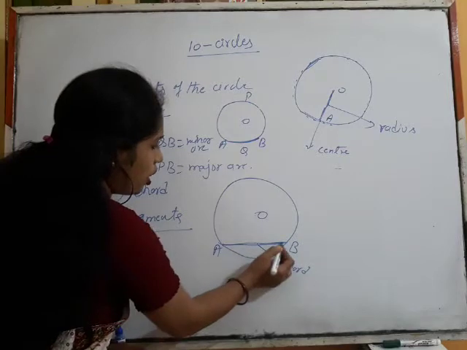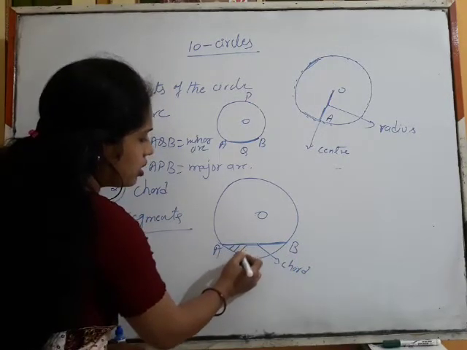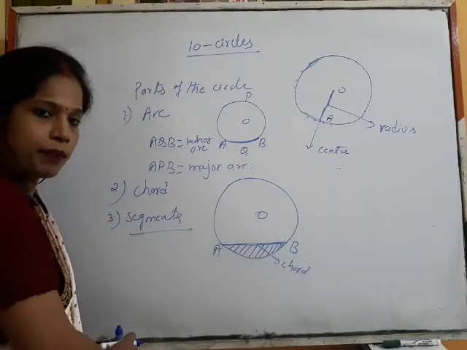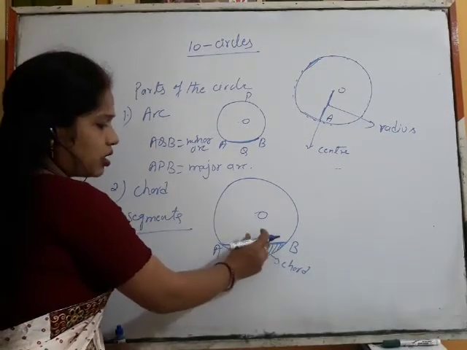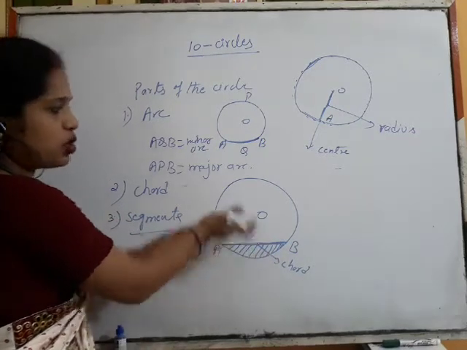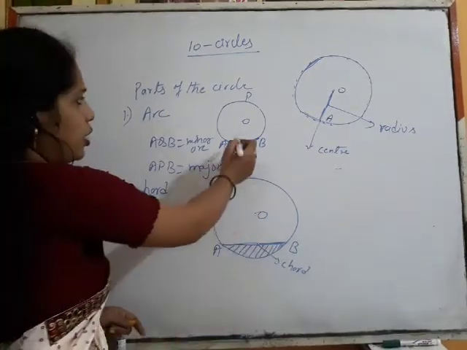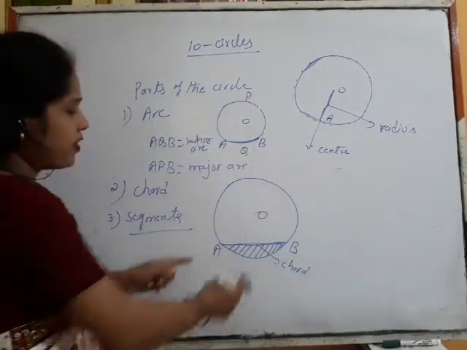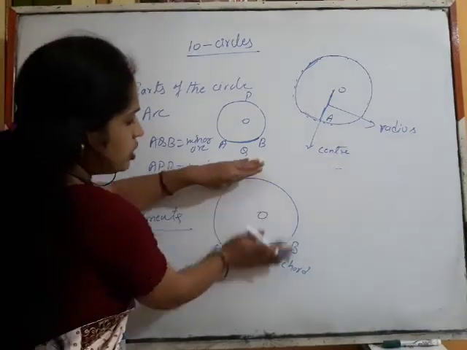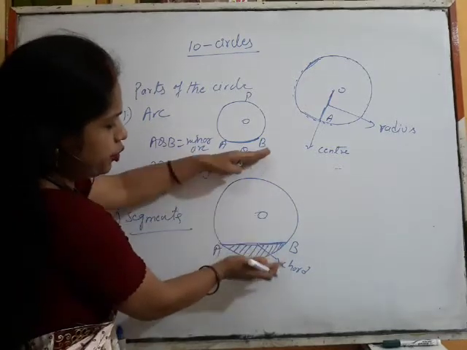If this is the chord I am taking, this is the corresponding arc, and this is the region occupied by them, the chord as well as the arc. The chord has also divided the circle into 2 parts, but not according to the boundary, according to the area.